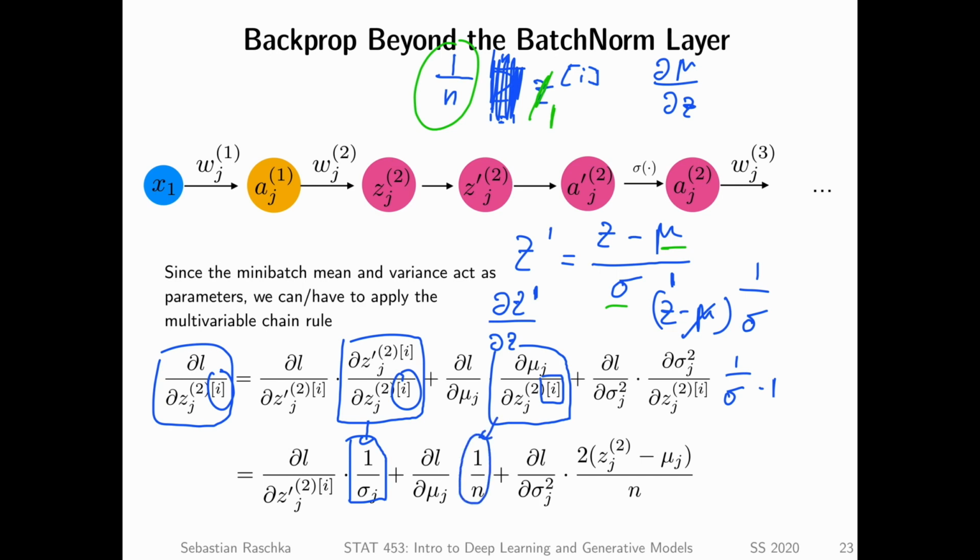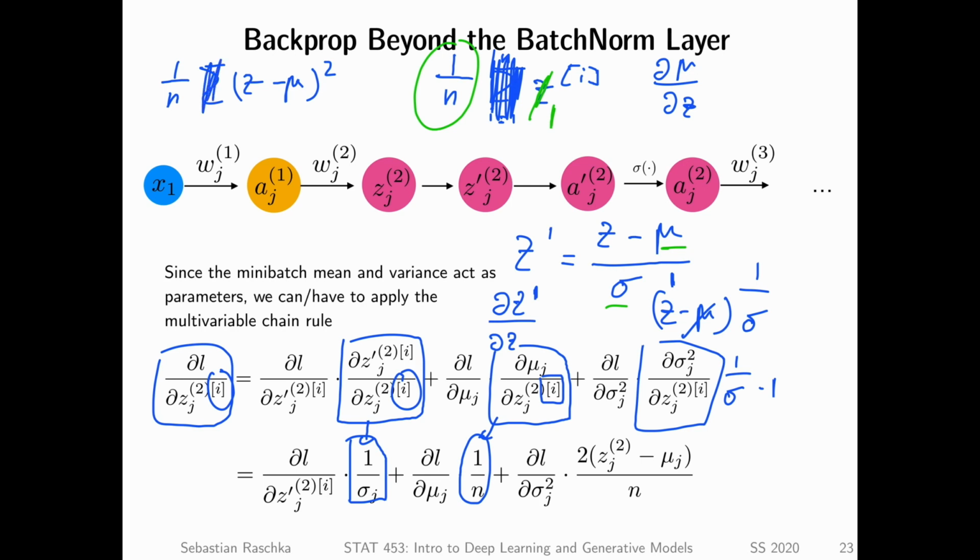Okay, one more maybe. This one, the derivative of the variance with respect to the net input. The variance would be 1 over n times the sum of the net input minus mu, squared. And this is again only for one single example, so there won't be any sum.